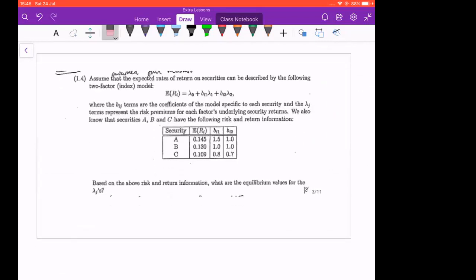So anyway, assume that the expected rate of return on a security can be described as the following.